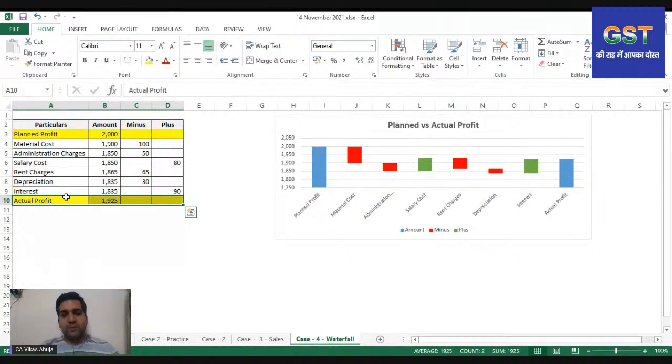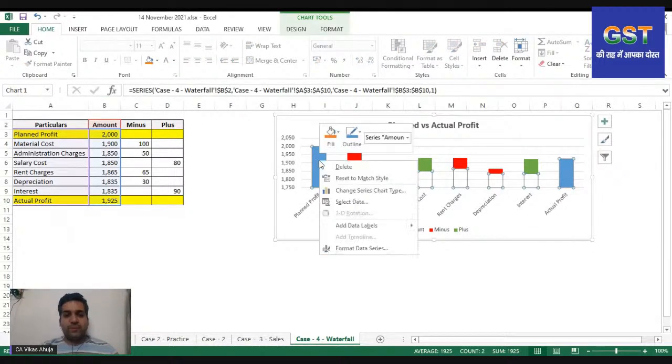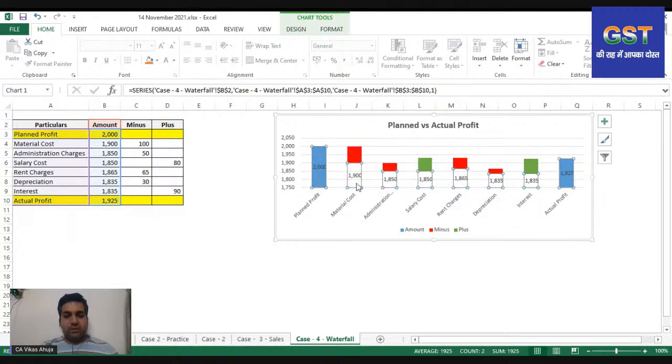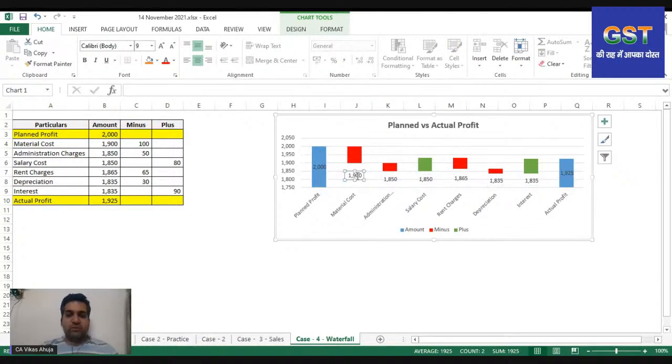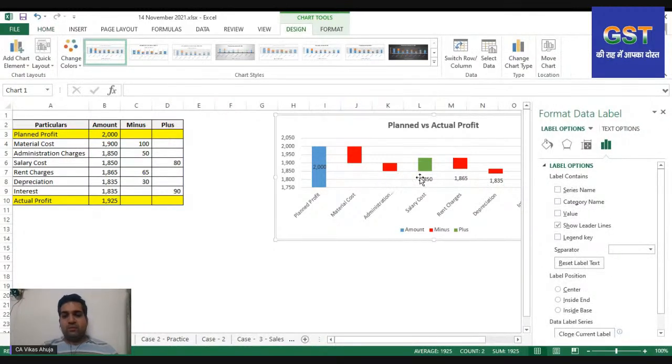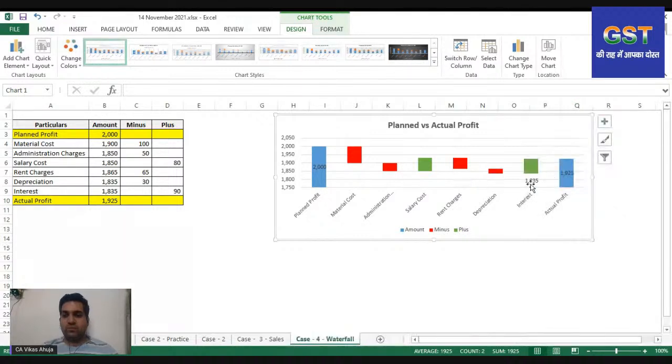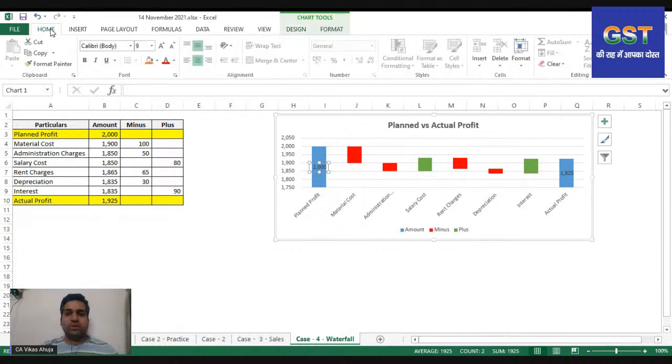So this waterfall is useful to check the difference between the two things, like what was my planned profit and what is my actual profit coming out. So my plan was 2000, whatever, 2000 crores or 2000, whatever we can put here.